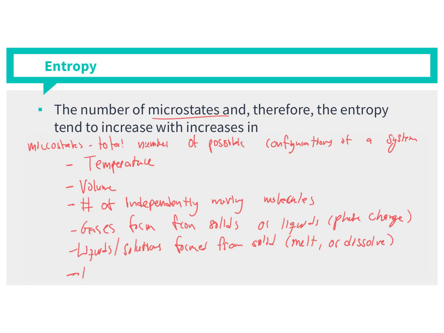Or the number of gas molecules increases in a reaction. So all of these things will increase the number of microstates. In other words, your entropy or your disorder will go up. And so in the next few slides, I'm going to explain all of these a little bit just to get a better sense of why entropy is going up.